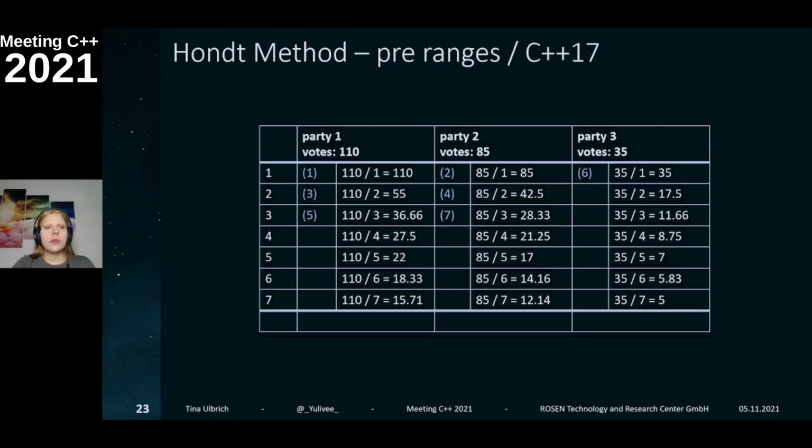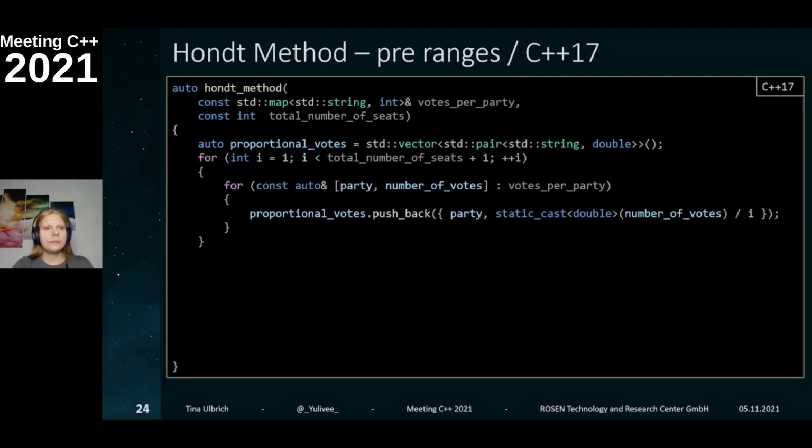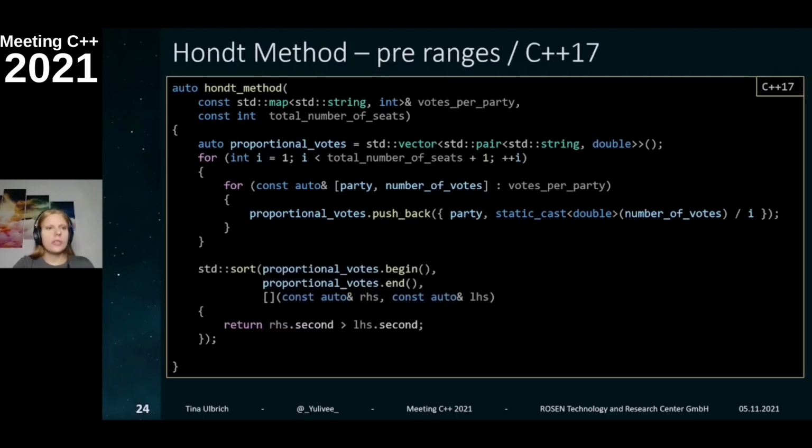Next, we need to sort the result. To sort the result, I'm going to use standard sort on the proportional votes vector. And because the vector holds a pair, I need to tell the sort function which elements I want the vector to be sorted on.